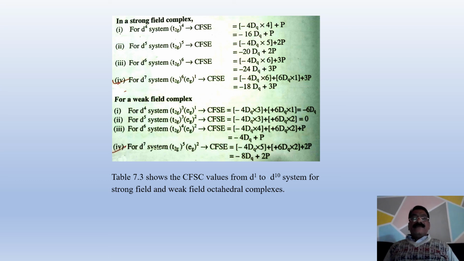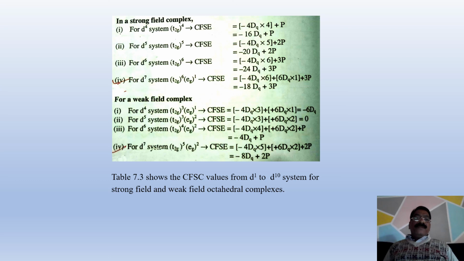D6 system, minus 4 Dq into 6 is equal to minus 24 Dq plus 3 pairing energy. For the d7 system, there is t2g6 eg1, so minus 4 Dq into 6 plus 6 Dq into 1 is equal to minus 18 Dq plus 3 pairing energy.